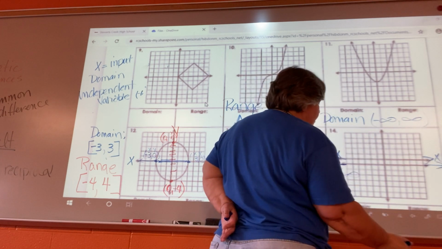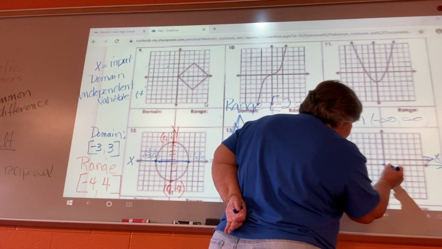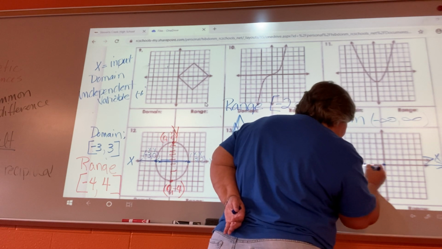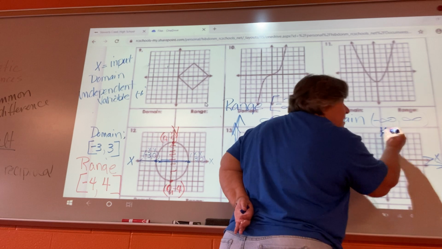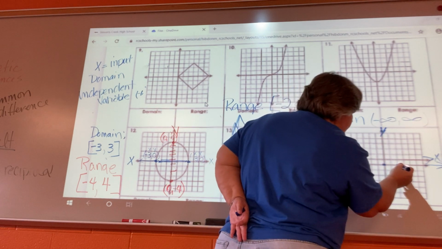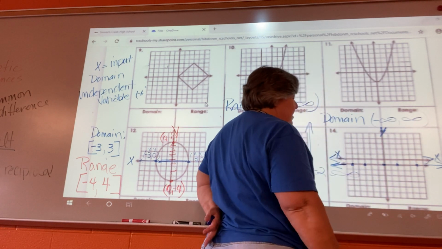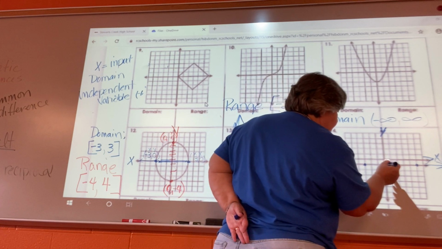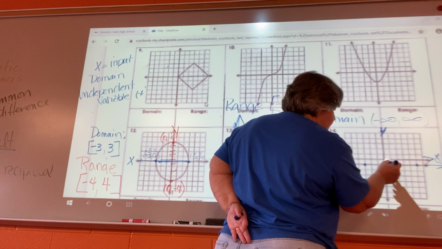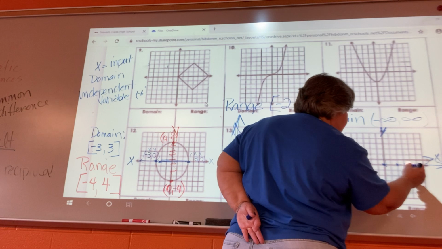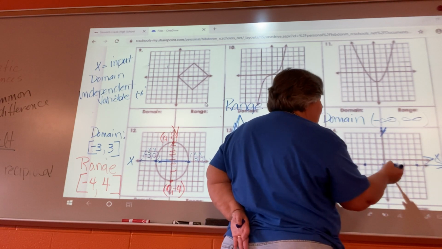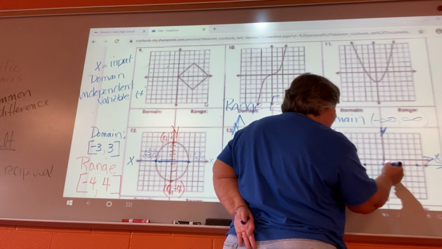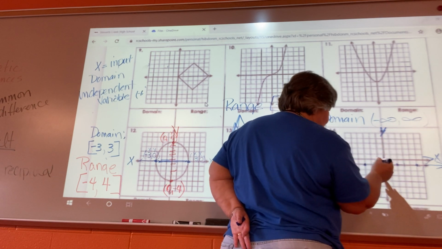Now up and down, this line is only here on the Y-axis. It's only here. All through here. It's only here. So X is -1, -1. Why do I keep saying that? This is the Y value.